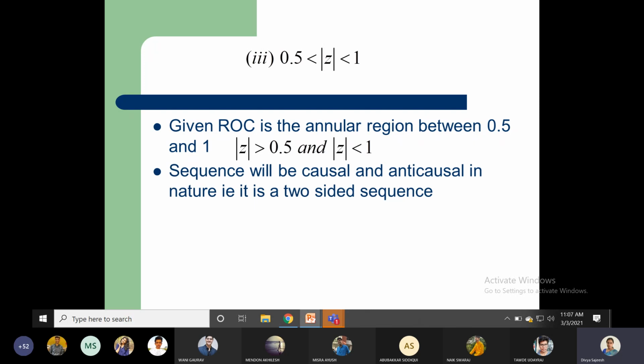So separately we have to write it. That is minus 2 into 1 raised to n u of minus n minus 1, the case where the pole is less than 1, which is the left-sided portion. And the right-sided portion is 0.5 raised to n u of n, because right-sided means Z greater than 0.5.